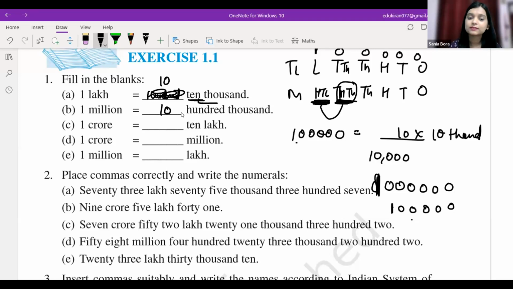Then similarly for 1 crore, just compare it. Tell me how many zeros are there. See, in case instead of 100,000, it is only 10,000, it would come here. Then by which number would you have multiplied? For example, here it is 100,000, but in place of 100,000, if it is 10,000, then tell me what should I write here?